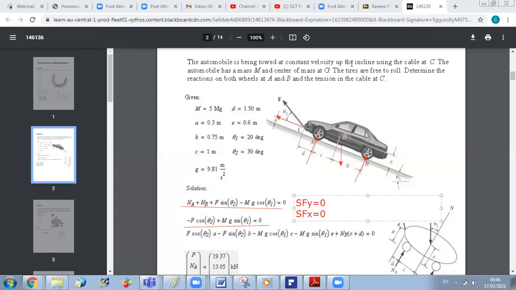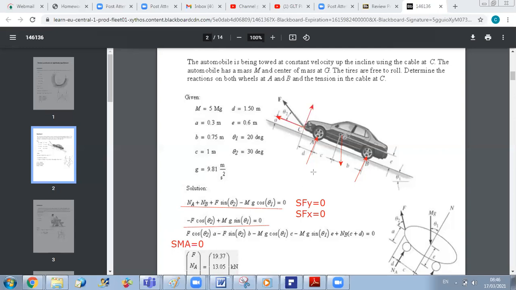So now if I do sum of moments about A equals 0, what are the moments of forces? First, for the force F, I can decompose it into two parts, X component and Y component, okay?